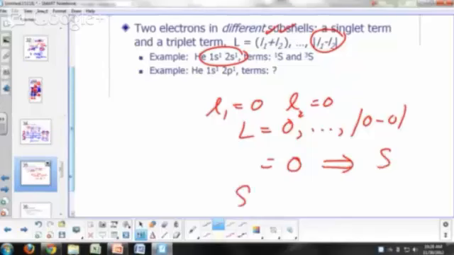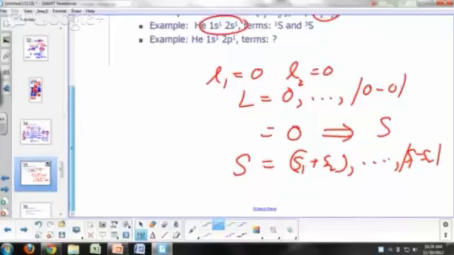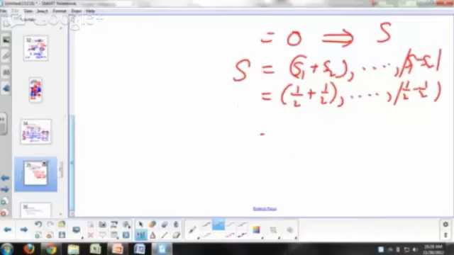And your total spin angular momentum would be S1 plus S2 all the way down to absolute value of S1 minus S2. What's our S1? For any electron, S is 1/2, so 1/2 plus 1/2, all the way down to 1/2 minus 1/2. And so that gives you 1.